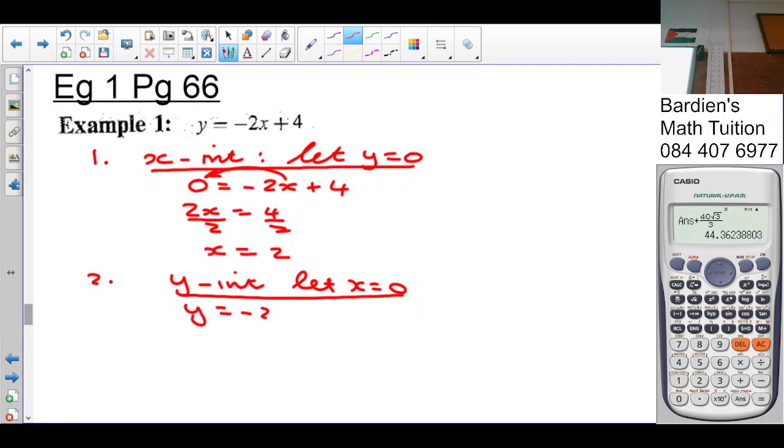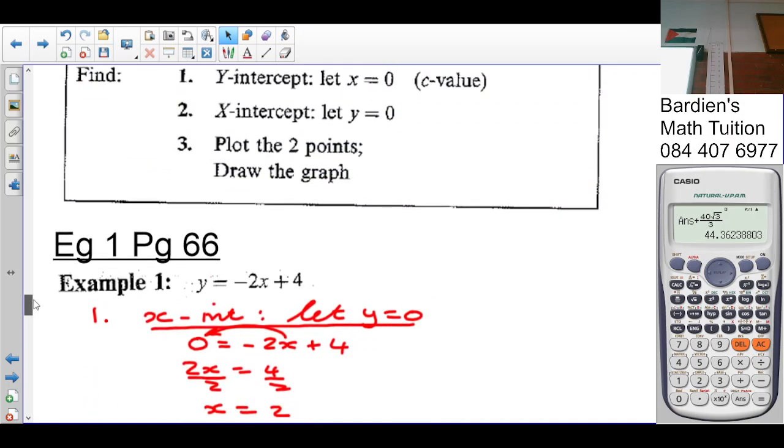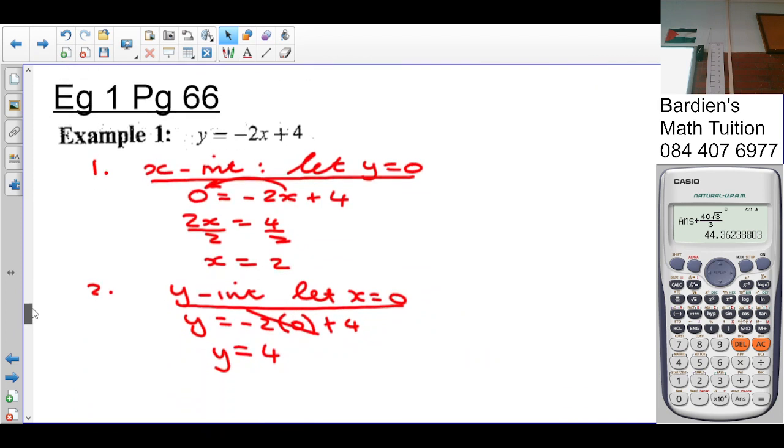So y is equal to negative 2 times 0 plus 4. Anything times 0 is 0. So y is equal to 4. You all okay with that? What's the third thing we need to do? We are told to plot the 2 points through the graph.